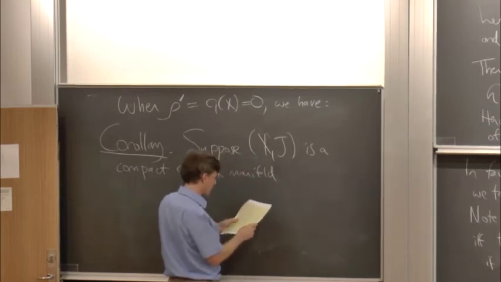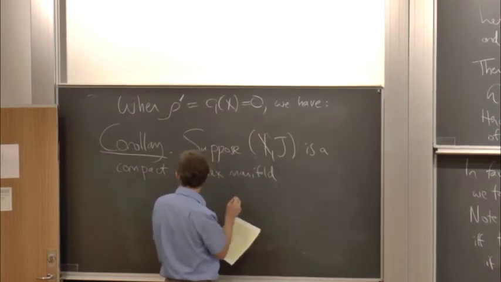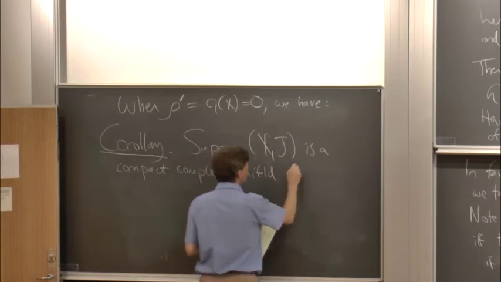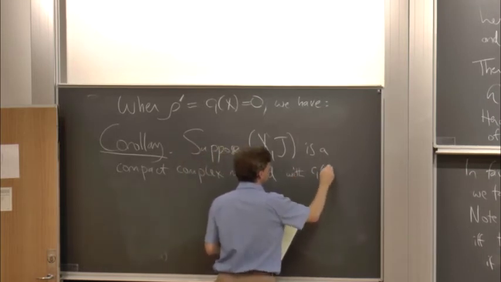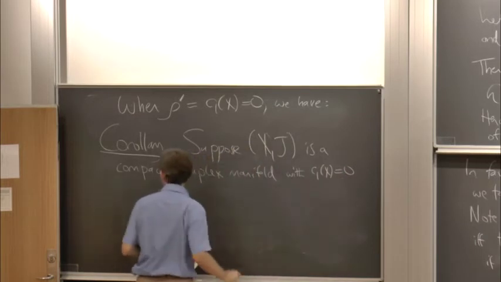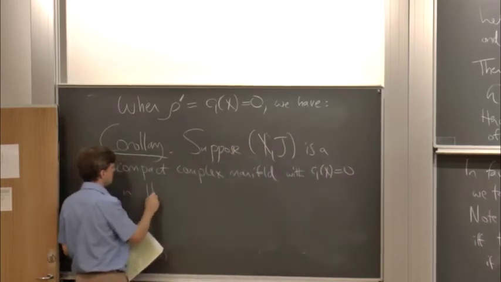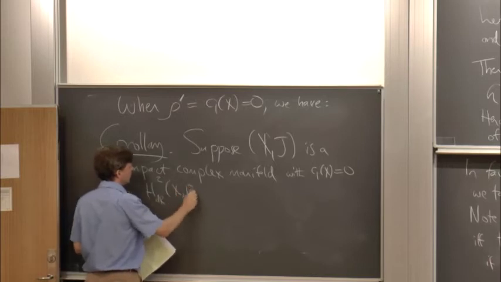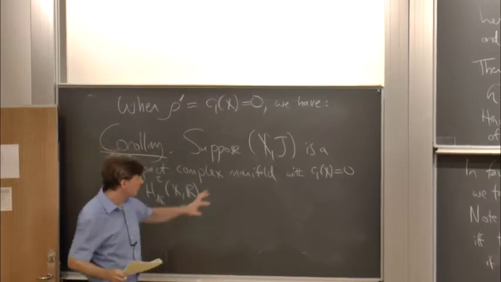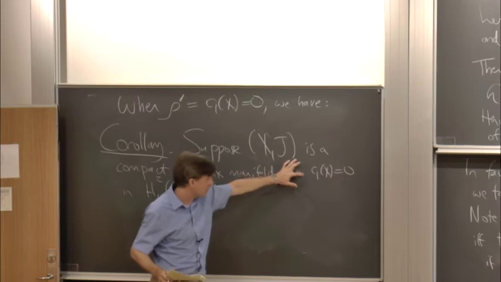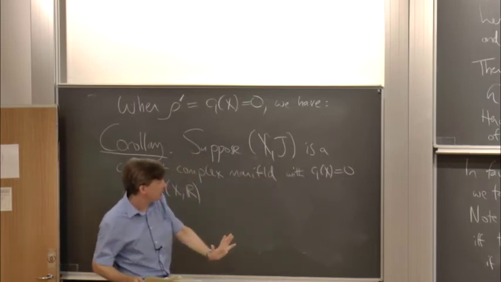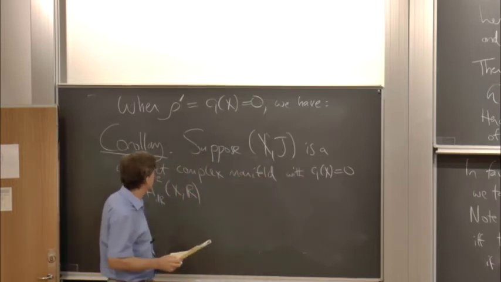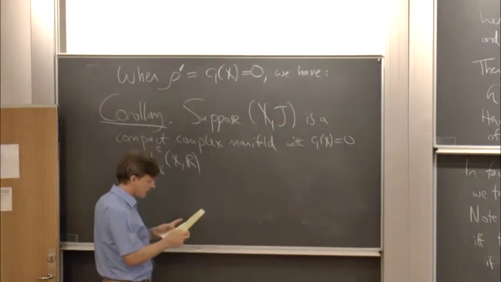Okay, so (X, J) is a compact complex manifold with c1(X) equals 0 in real cohomology. This would allow c1(X) to be torsion in integral cohomology, because the map from integral cohomology into real cohomology is not always injective.